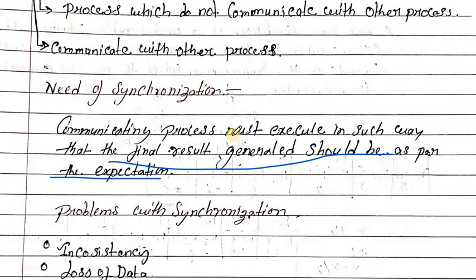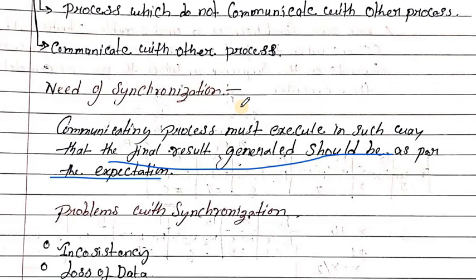Means that if there are two, three, four or many processes that are cooperative or dependent on each other, then we need synchronization to synchronize the processes, so that the result comes as per our expectation.